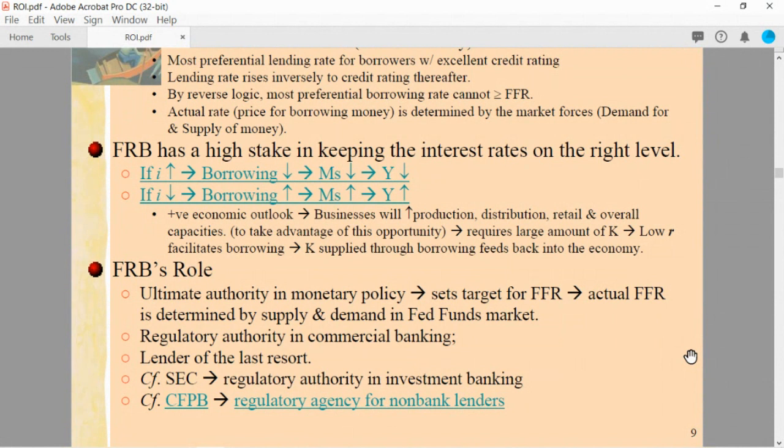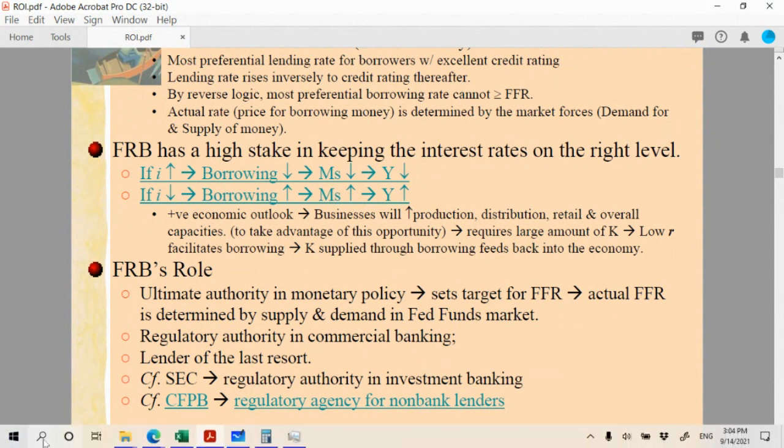That's what they call the dual mandate of the Federal Reserve.